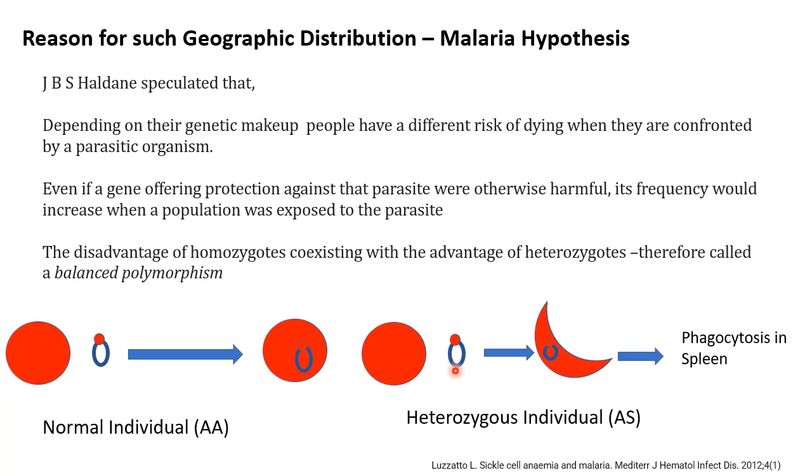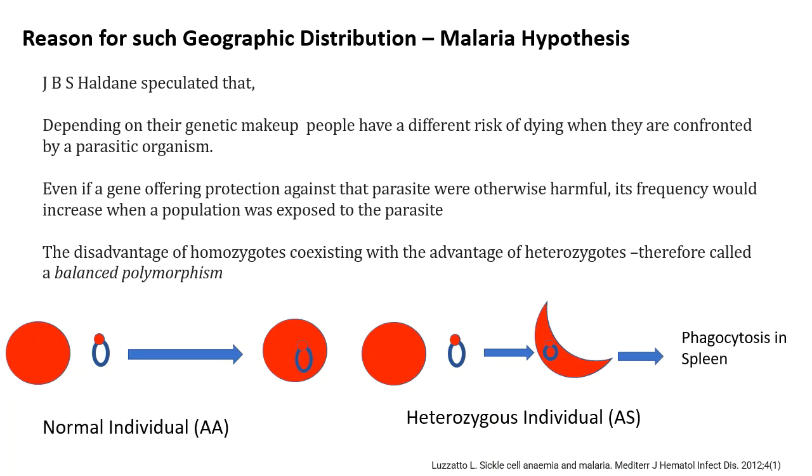But in a heterozygous individual, that is in an AS, when the parasite enters the RBC, there is selective sickling of such cells. So such cells would undergo sickling and take the shape of a sickle, and these would go and get phagocytized in the spleen. Therefore, the erythrocyte cycle of the malaria parasite stops there and then, and there is no duplication of these forms.